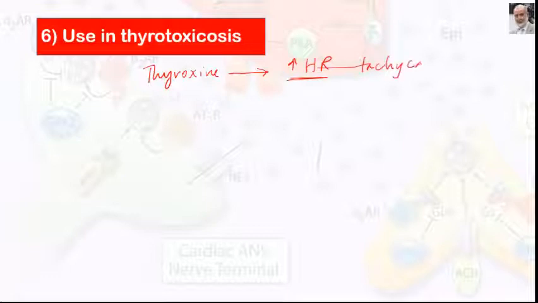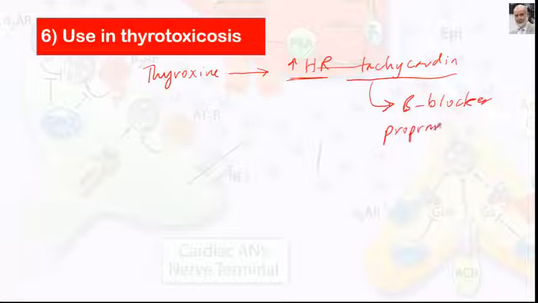That's why usually beta blockers are added to antithyroid drugs, to decrease the tachycardia induced by thyroxine. Usually propranolol is prescribed in this case. Okay?